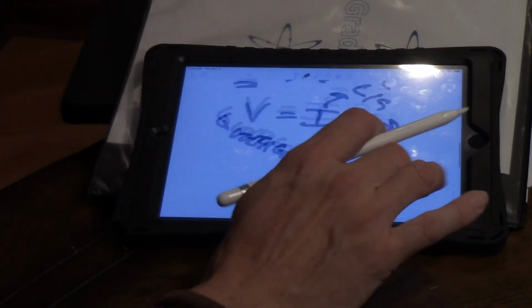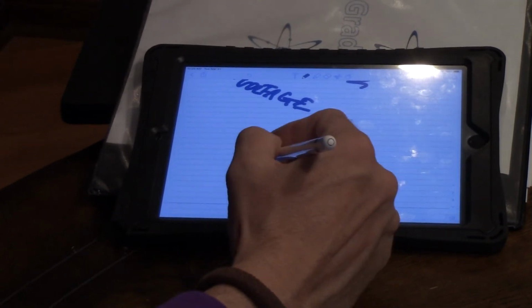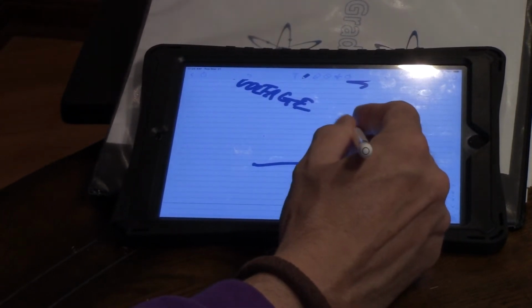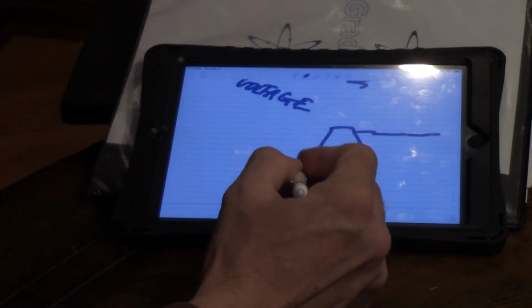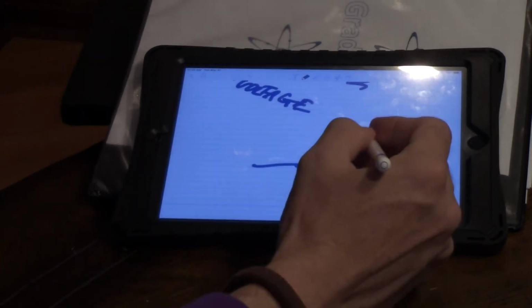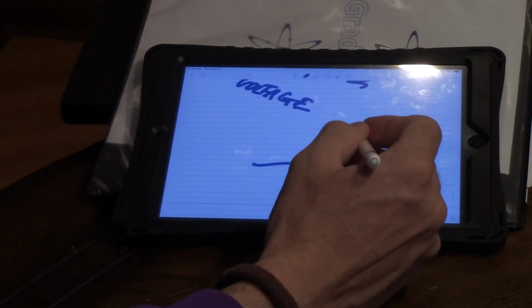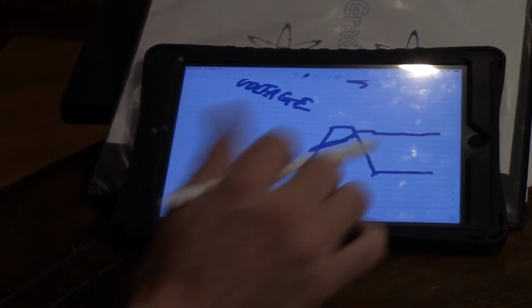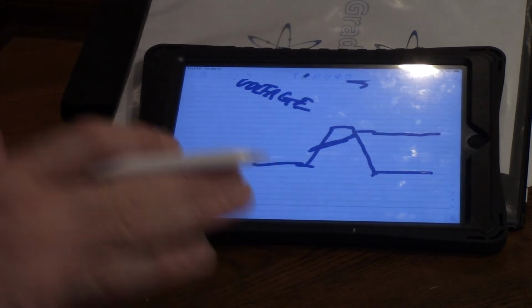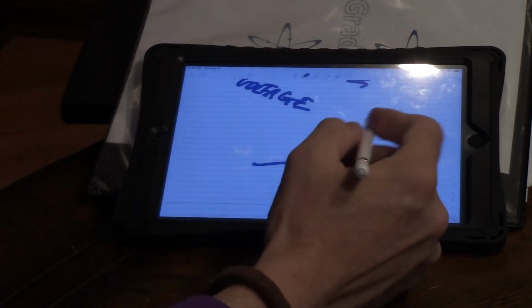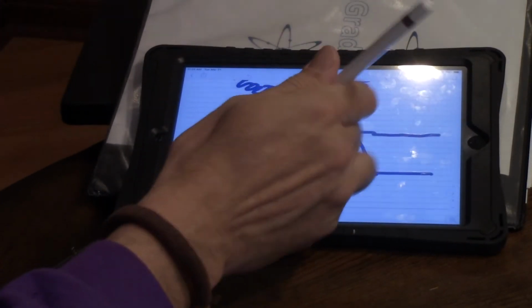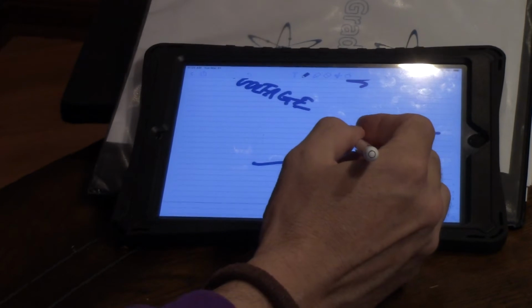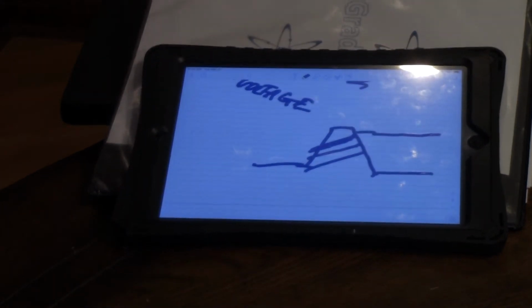The great analogy is a dam. You've got this dam up here, and you have the potential for this water to flow through. The height of this is kind of like your voltage. There are two ways you can make this water come down: a really small straw, or a really big pipe.